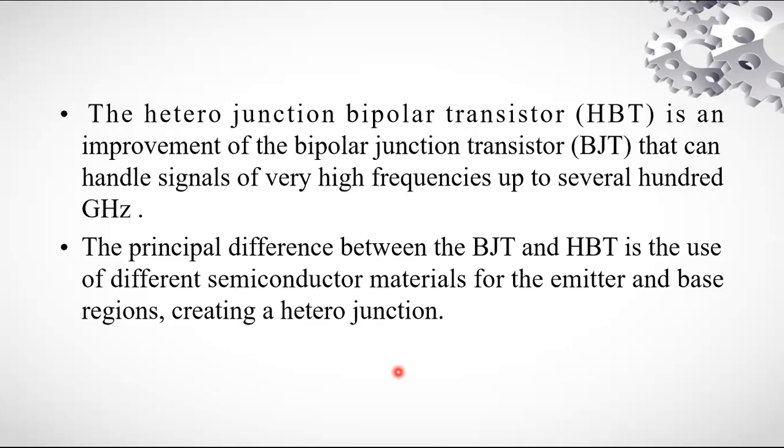So generally we use high band gap or wide band gap semiconductor materials at the emitter side and narrow band gap materials at the base side. So that becomes a heterojunction. And what is the advantage which we are getting? We get a high amplification factor, beta.